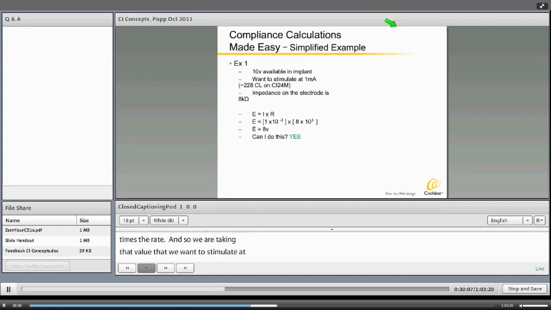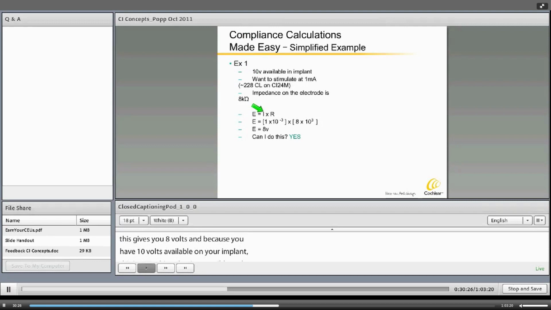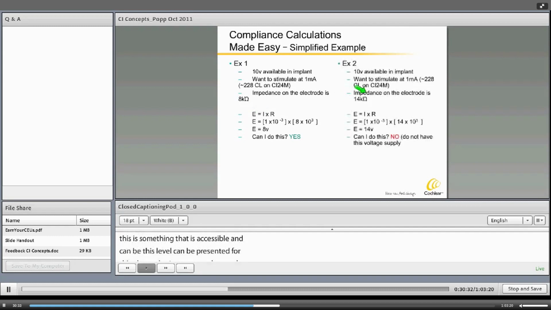We are taking that value that we want to stimulate at, that 1 milliamp times 10 to the negative third power, times our impedance, 8 kiloohms times 10 cubed. And so this gives you 8 volts. Because you have 10 volts available on your implant, this level can be presented for this electrode.